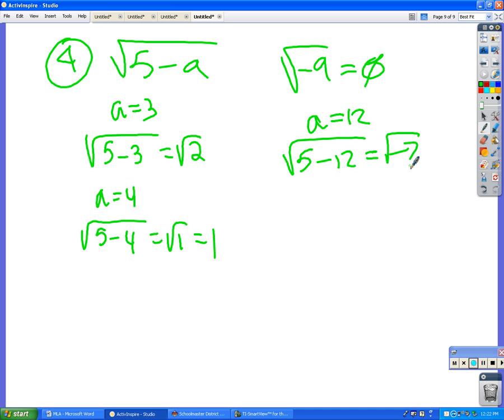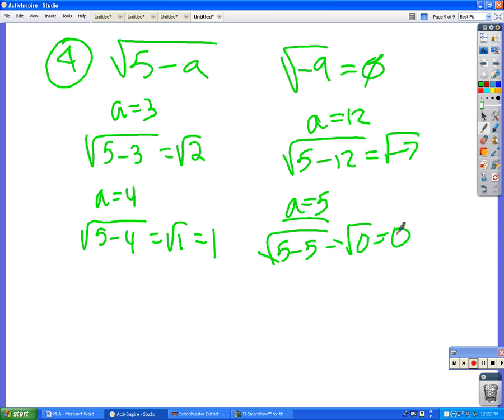Okay, 5, right, because if I put in a equals 5, 5 minus 5 is 0. I know the square root of 0 is 0, so I'm okay with 5. I'm also okay with 4 and with 3. What numbers am I not okay with? Anything above 5, but there's some numbers in between, like 5.1, 5.2, those would give you problems also.